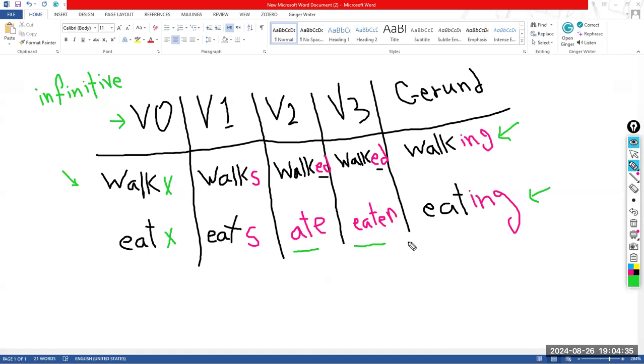And this is the verb 3. This is what I need in the past perfect tense. Okay? And as I told you, the auxiliary is had plus verb 3. So had walked, I had walked to school, and I had eaten my dinner. Okay, guys?